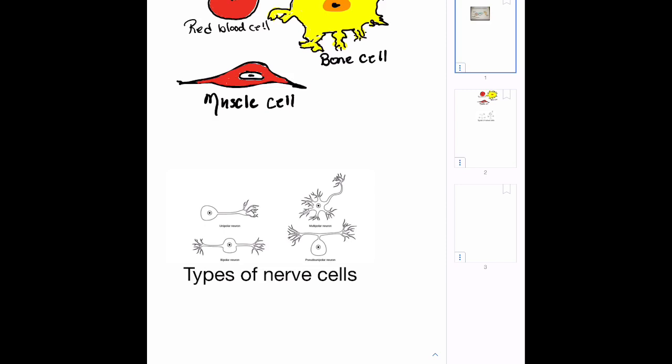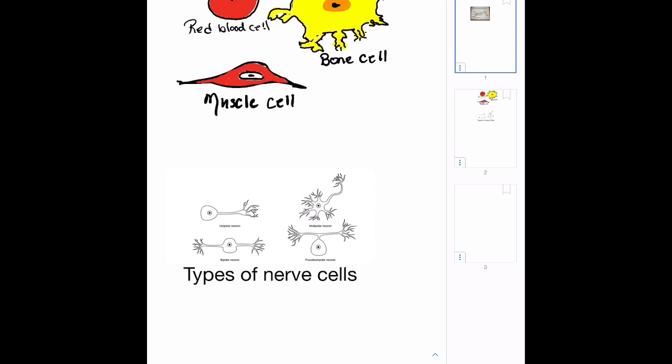For a muscle cell, you know that the function is to contract or to move a bone, right? The red blood cell carries oxygen. The bone cell, depending on the type of bone cell, is either going to make bone for you or help remodel the bone in case it's broken. You have to take some away and then add some back.